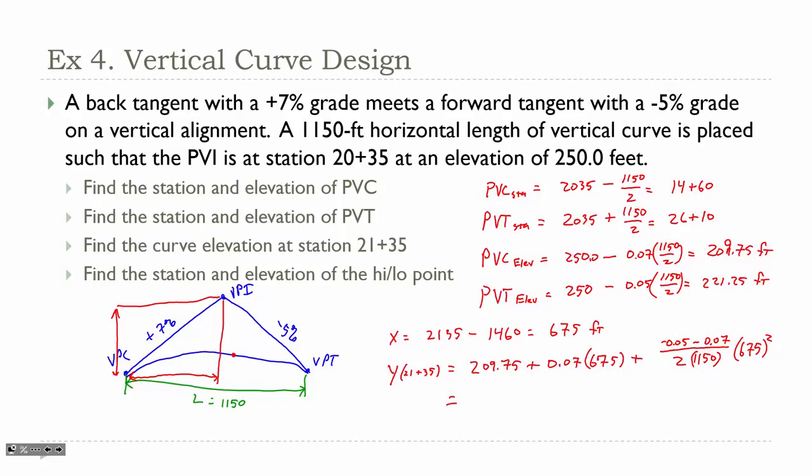So we know this answer should be roughly between what two numbers? Yeah, it's certainly going to be somewhere between the PVC elevation and our PVI elevation, which is 250. So if you make a gross calculation error, you're going to get something out of those bounds and you know that it's not right.